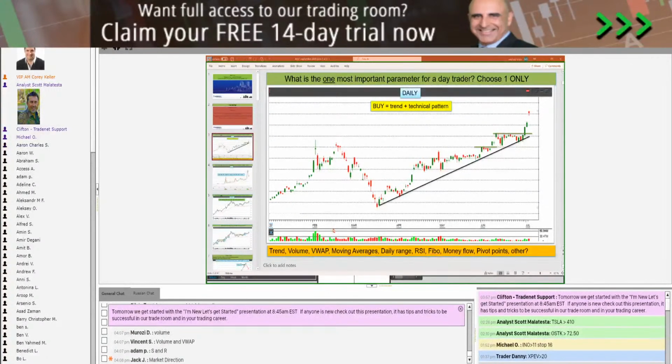Let's face it. Market direction is very important. I agree with Jack that says market direction, but let's face it. When you're trading the U.S. markets, you're trading a market that's pretty much 10,000 shares. So market direction is great, but you do have to dissect amongst 10,000 shares every time you take a trade.